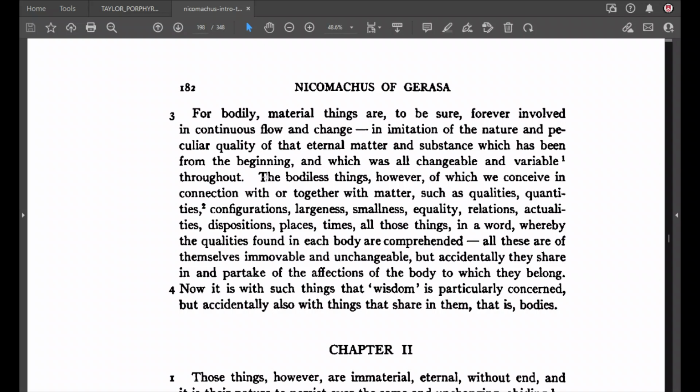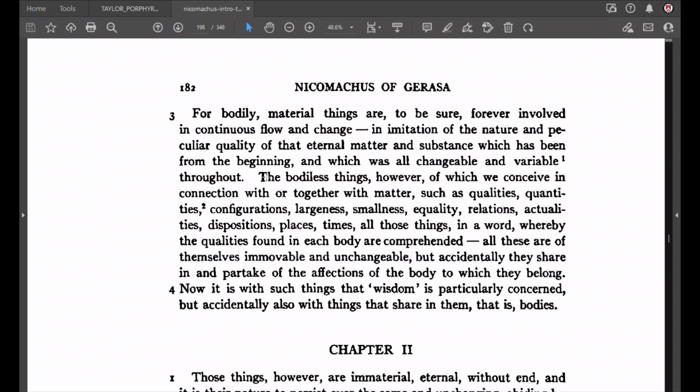The bodiless things, however, the things which don't have material bodies, the bodiless things of which we conceive, which we think of and understand in connection with or together with matter, the bodiless things that we think about. And he lists them here.